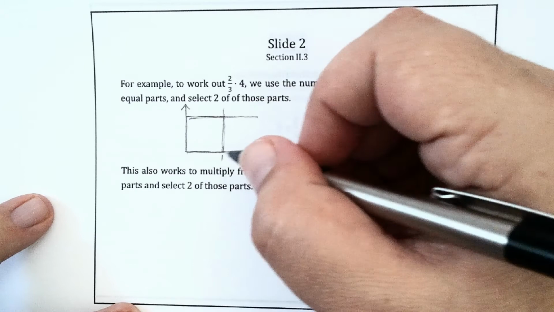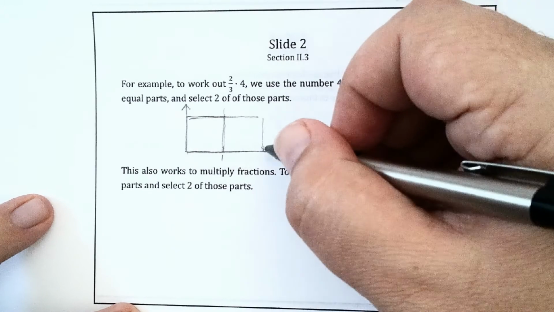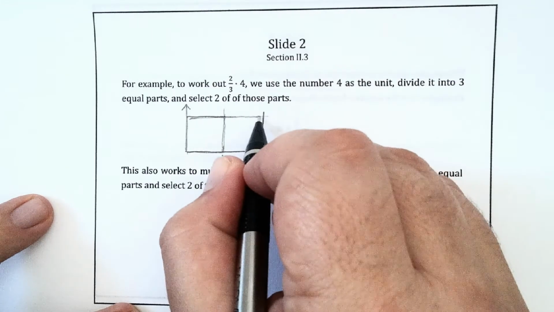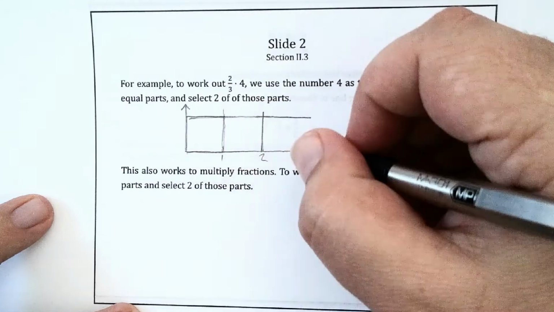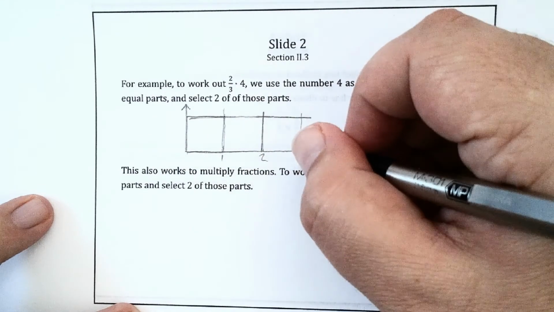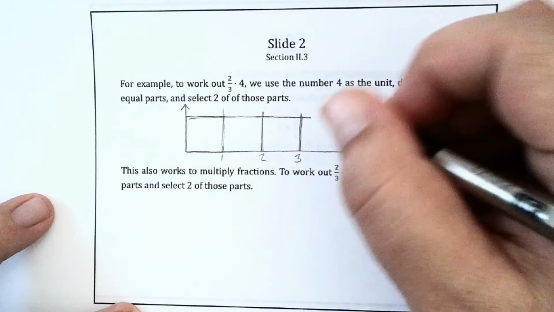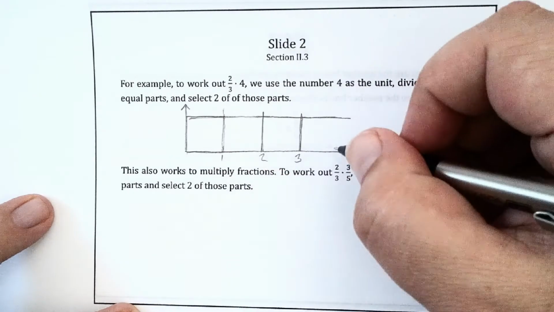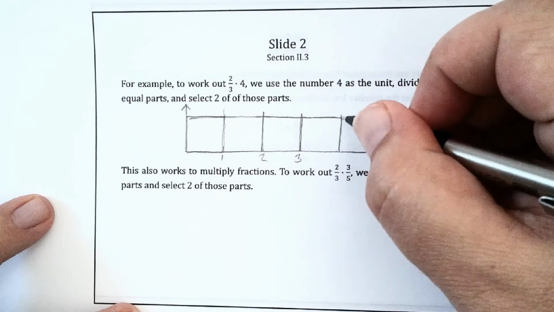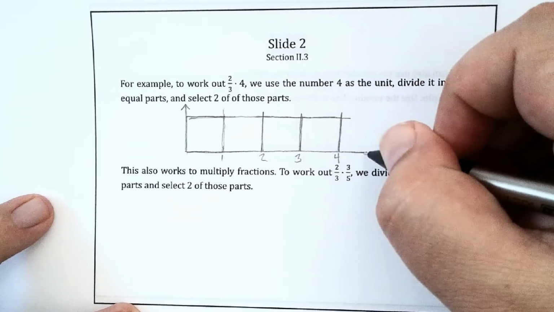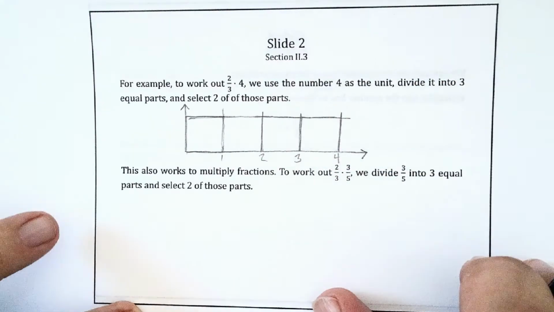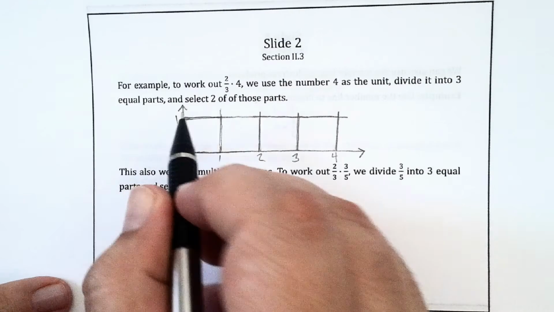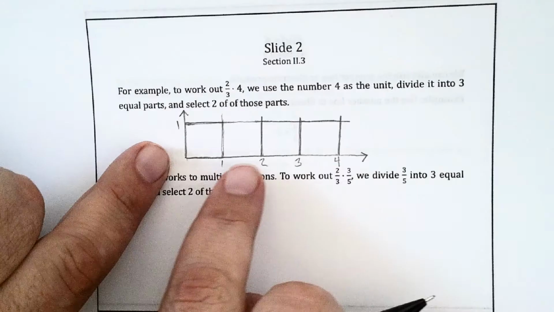So that's 1, 2, 3, 4. Okay, so we have these 4 units.